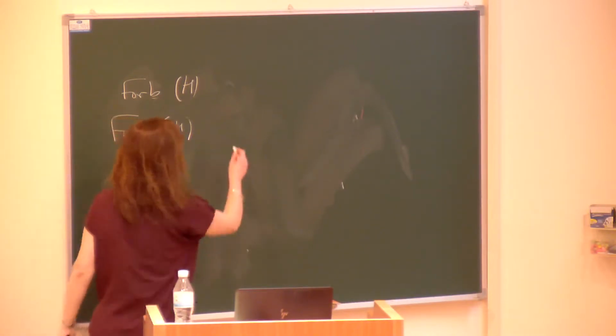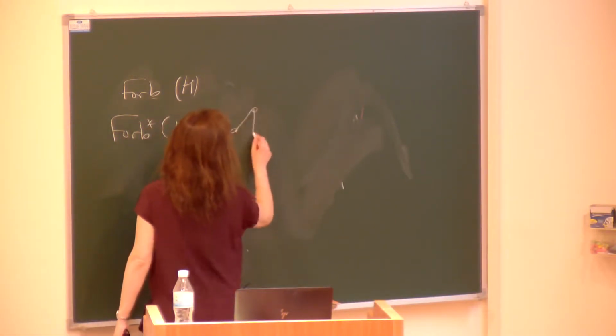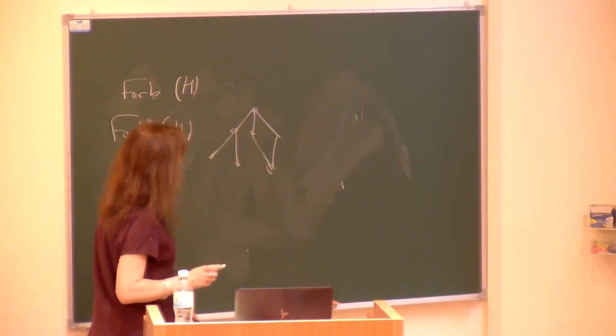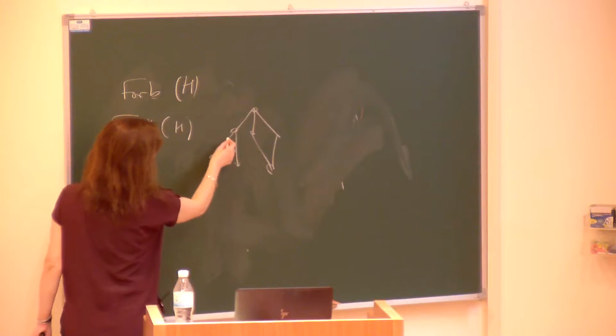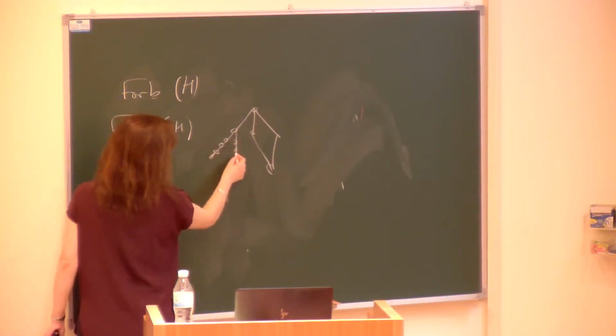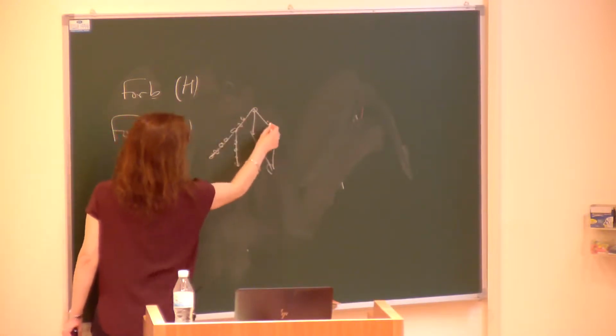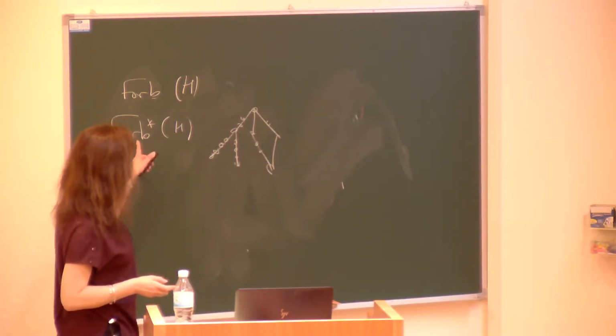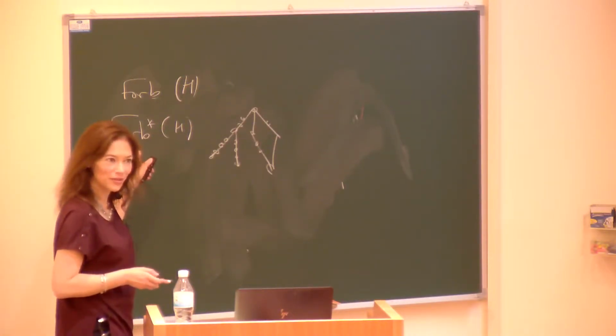So subdivision means that you take a graph, here's the graph. Subdivision just means put vertices of degree 2 inside of edges, right? Subdivide edges. So this means every subdivision of H is excluded as an induced subgraph.